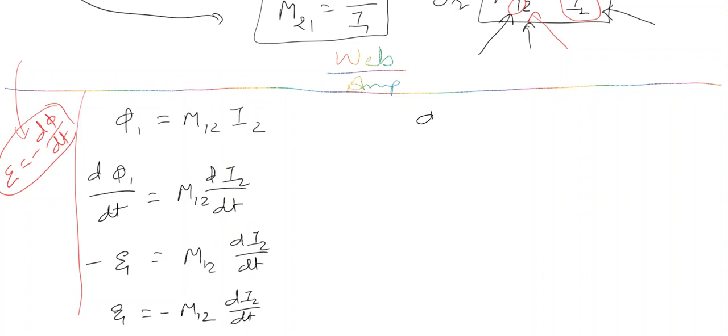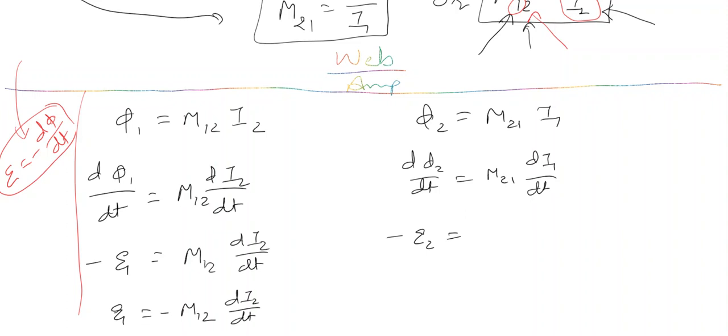What if you take phi 2? Phi 2 is M21 I1. So d phi 2 by dt is M21 di1 by dt, and then minus epsilon 2 is equal to M21 di1 by dt, and hence epsilon 2 is minus M21 di1 by dt.